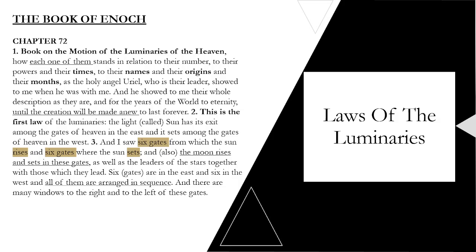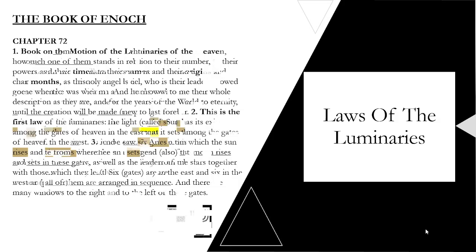It means that gates 1 through 6 are in numerical order, and the sun proceeds through those gates in numerical order. It doesn't come in on gate 1 and then exit out on gate 6. The sun proceeds through these gates in numerical order. And there are many windows to the right and to the left on these gates.